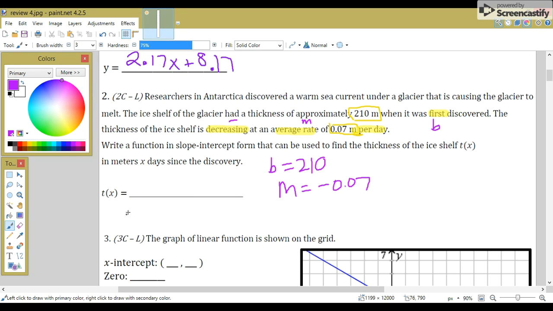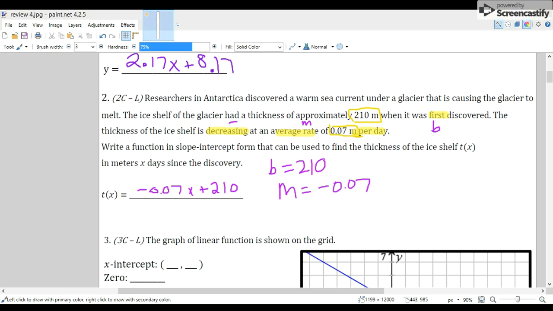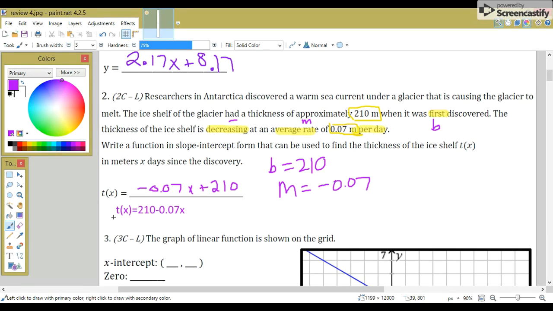So if we have y equals mx plus b, we have m, which is negative 0.07, x plus b, which is 210. And that's our slope-intercept form. You may also see the answer as T of x equals 210 minus 0.07x. These two equations are equivalent. They are the same thing. We just reordered the terms.